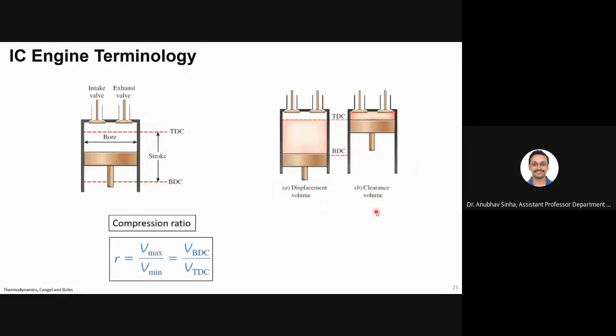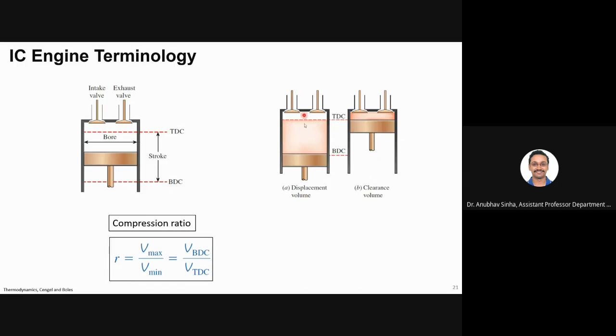Now let us define some ratios. Compression ratio is defined as maximum by minimum volume. Basically, the total volume at BDC divided by the total volume at TDC. This is clearance volume. BDC volume is clearance plus displacement volume.